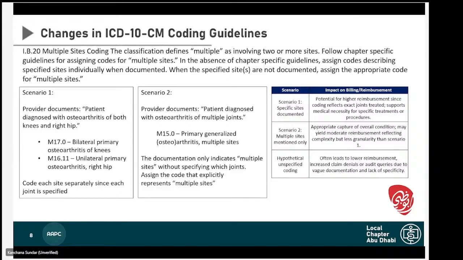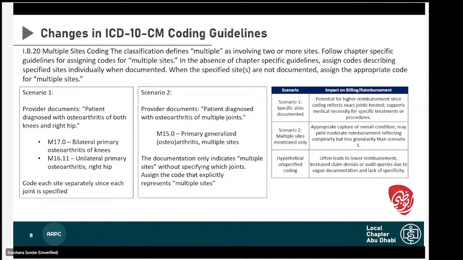And the guideline clearly states that when a specific site is being documented, please go with the specific site coding. And if the specific site is not being documented, that is when we have to go ahead and code for multiple site, if in case only multiple site is being specified by the physician.